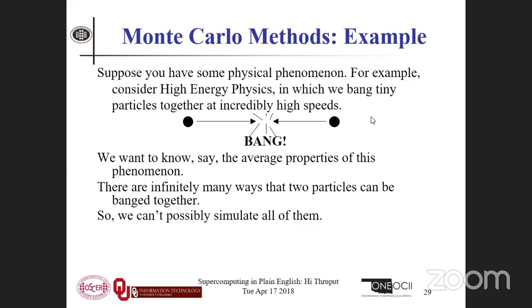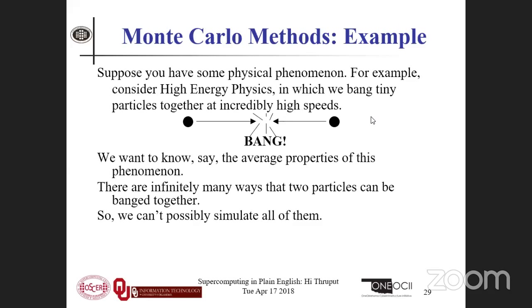Now, the other thing that they do is they do a zillion simulations of banging tiny particles together. The reason that they do a zillion simulations of that is because they want to make sure that the equations of the physics that they think govern banging tiny particles together actually resemble the reality of the data they collect. And so there's a ton of these calculations, and of course there are infinitely many ways to bang two tiny particles together.